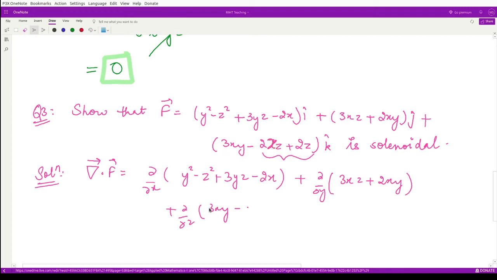So we'll write the corrected term 3xy minus 2xz plus 2z. So this is our divergence of vector F.